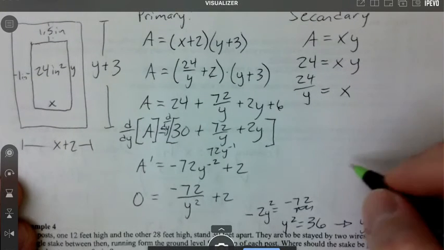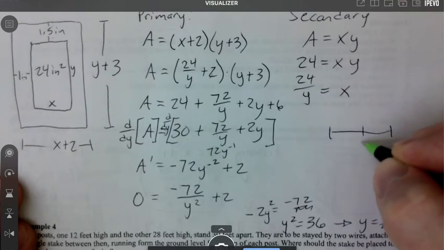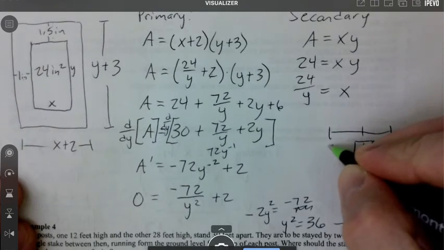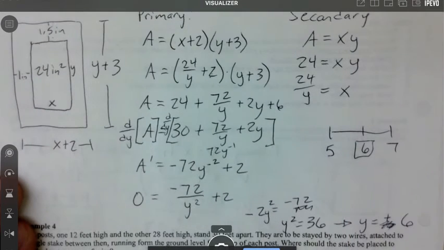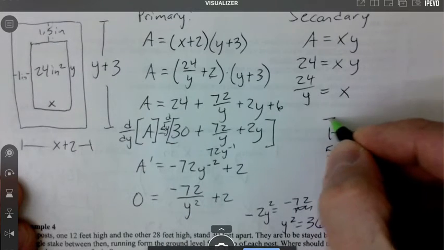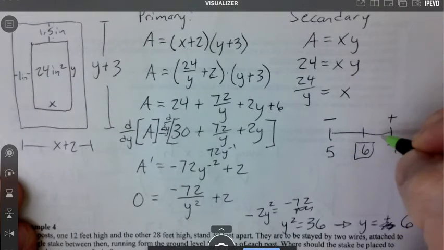If I first derivative test that value, test 5 and 7. If I throw 5 into this, negative 72 over 25, it's going to end up being a negative number. And if I throw 7 into this, it's going to end up being a positive number.